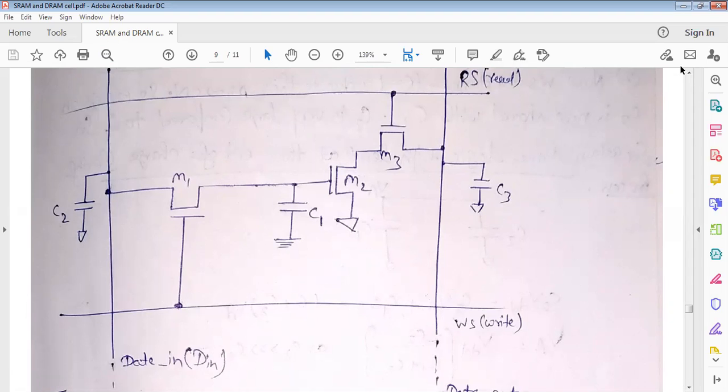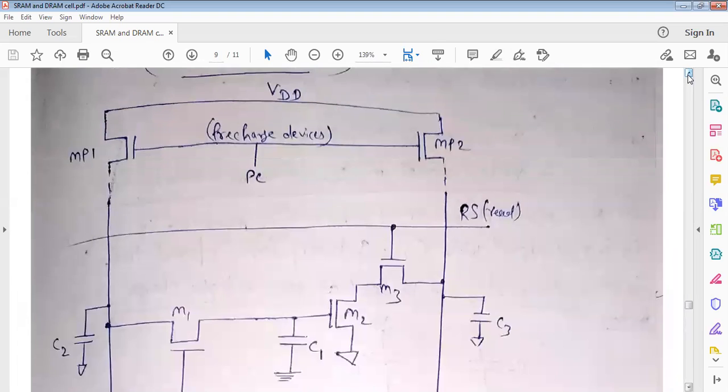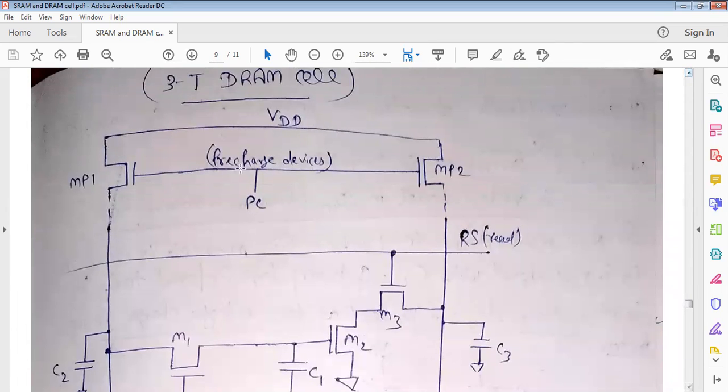Now, above this, we have these pre-charge devices. Here we are connecting two NMOS transistors, MP1 and MP2, connected to the supply voltage VDD. This is PC, the pre-charge value that is given here.